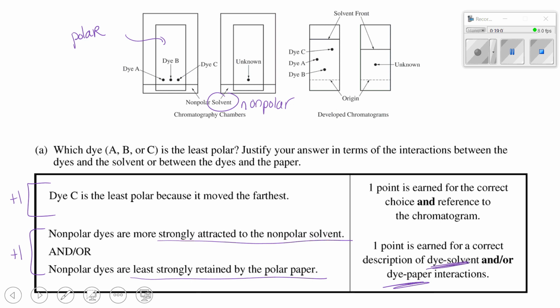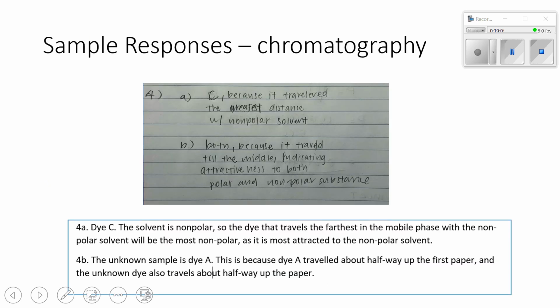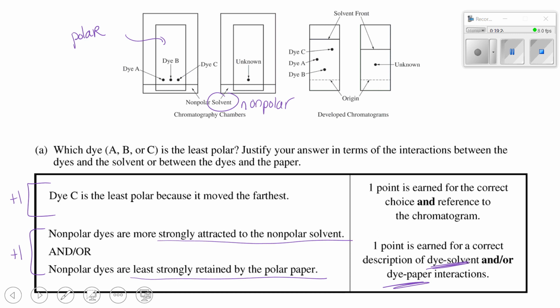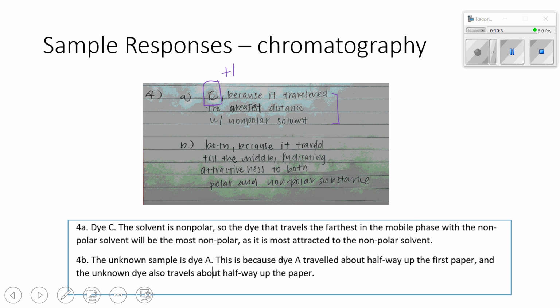So now let me scroll back and look at these examples here. In this one we said C, so we got a point for identifying it correctly. And we said because it traveled the greatest distance, but as I'm reading this question carefully, when it says you need to discuss the interactions, I am not sure whether you earn the points here because we didn't really discuss the attractions.